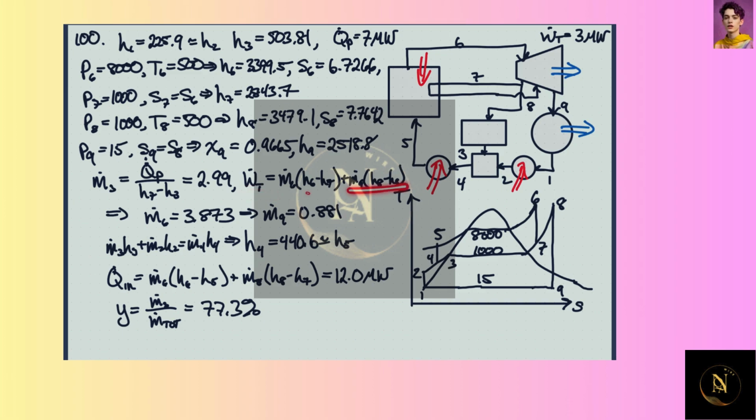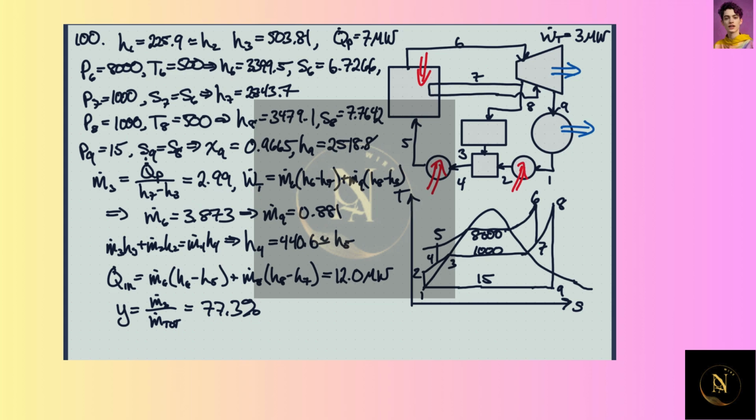We know this, and we know these, so we can get m6. And so that winds up being 3.873 kilograms per second, which then means we can figure out what m9 is, because that's just this minus this, right? So we bled off about 3, so we're left with about 0.881 kilograms per second going through the condenser.